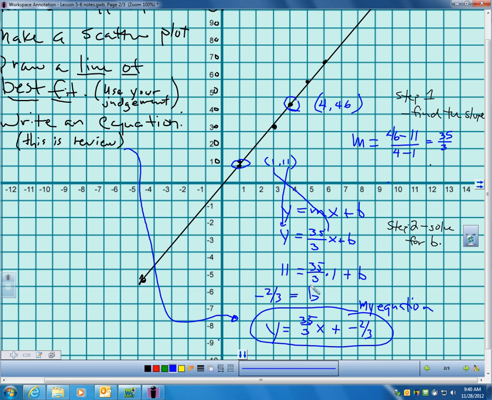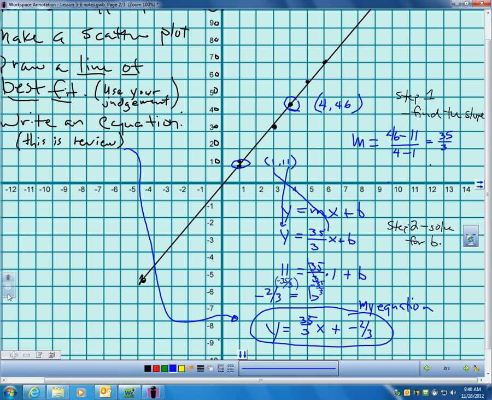I subtracted 35/3 from the right, and I took it away from the left. I can use my calculator in doing that. When I do 11 minus 35/3, remember when you put this in your calculator, put parentheses around the fraction. 11 minus 35/3 is negative 2/3. Well, there's my y-intercept. There's my equation.